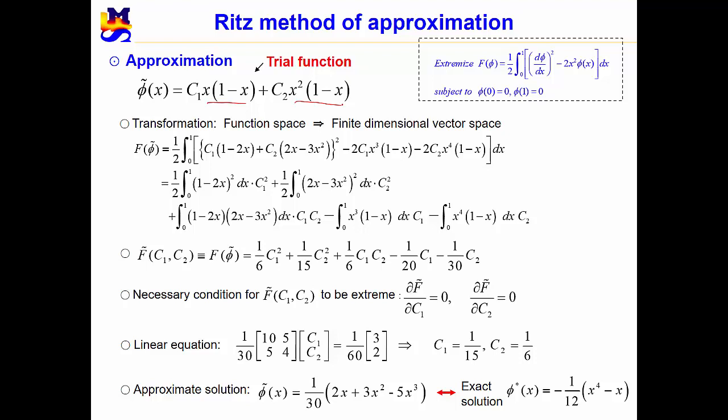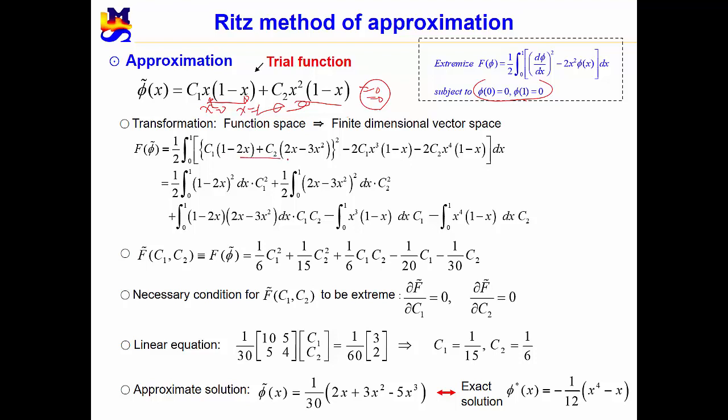Of course, the trifunction should meet the essential boundary conditions. Let's start with this trifunction. When we plug x equals 0 or x equals 1 in this trifunction, the function values are all zeros. So it meets the basic requirement on essential boundary conditions.